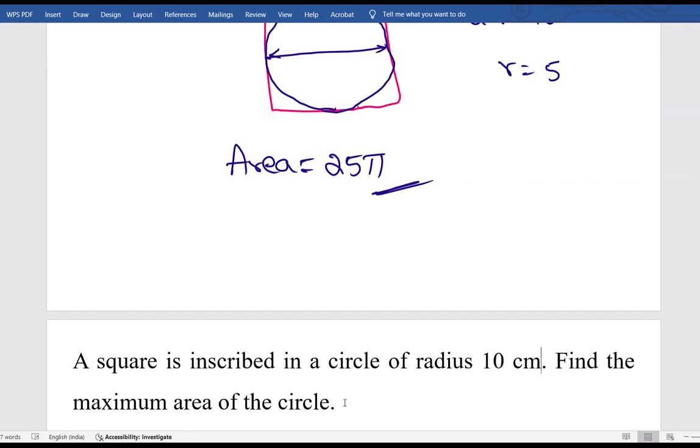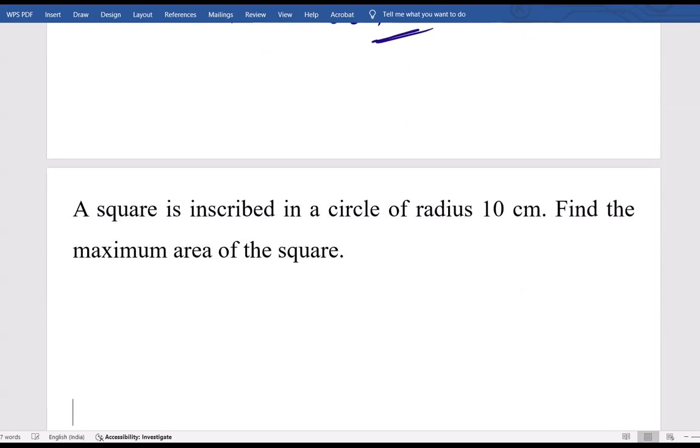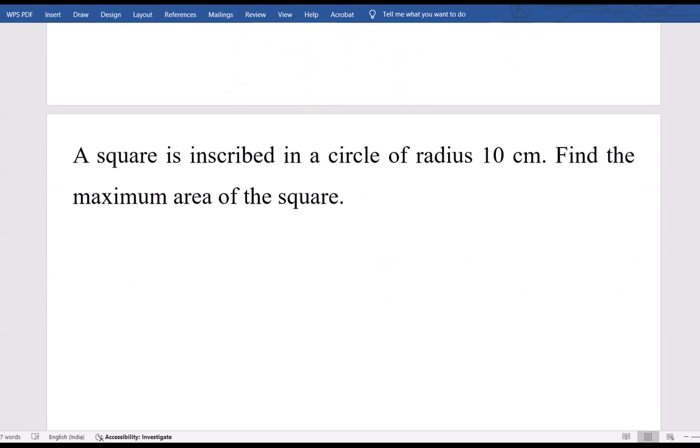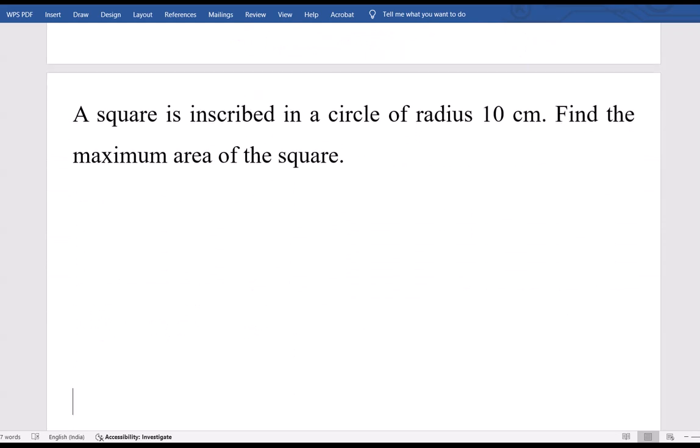Find the maximum area of the square. Square is inscribed in a circle of radius 10 centimeters. Find the maximum area of the square. 400. Okay.